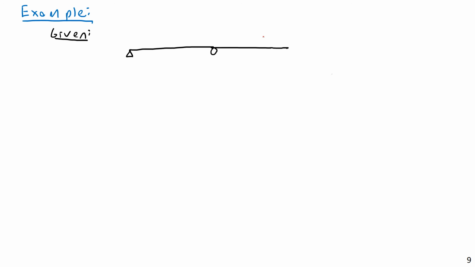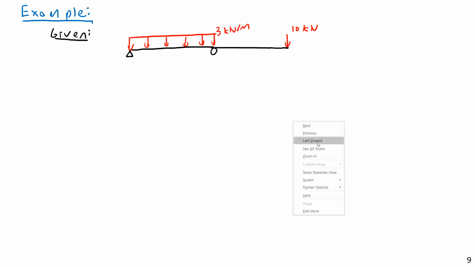I want to keep this relatively simple. Let's say I have a 10 kilonewton load, and then a distributed load from here to here of 5 kilonewtons per meter. Actually, let's do 3 kilonewtons per meter.